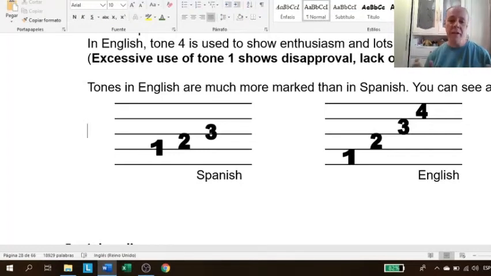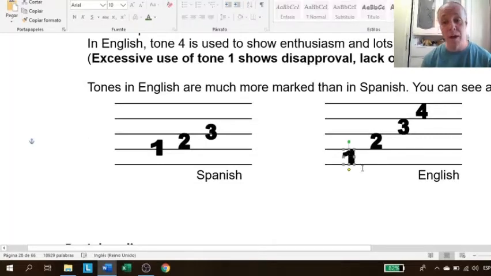So whenever we speak English, then we need to have the tendency to speak with this kind of volume. Why? If we speak with our normal Spanish volume number 1, English speakers will think that we are not interested in what they are saying or that we express disapproval or lack of interest.